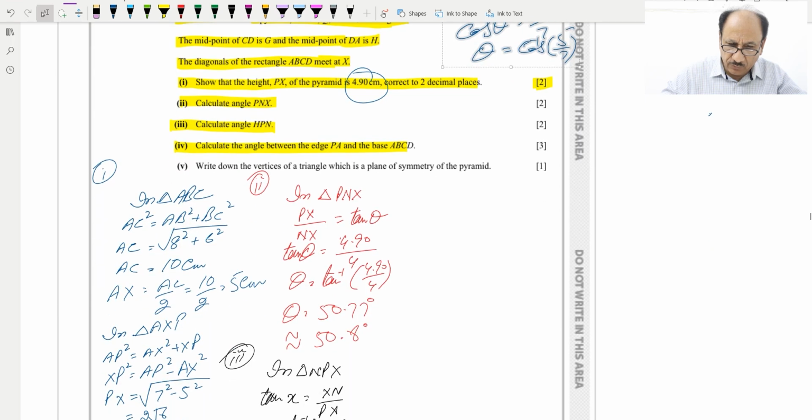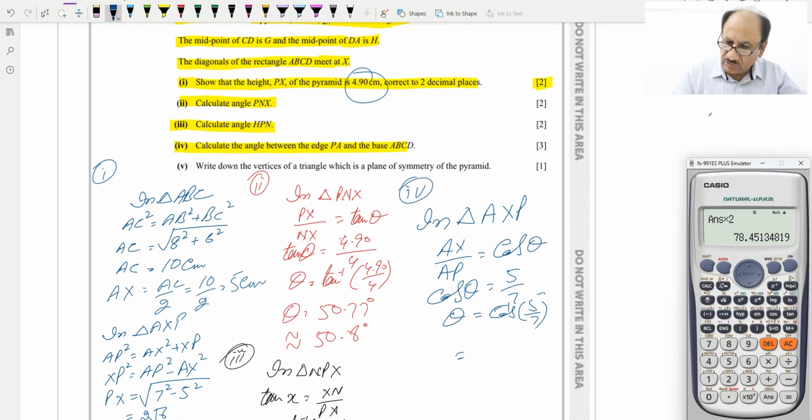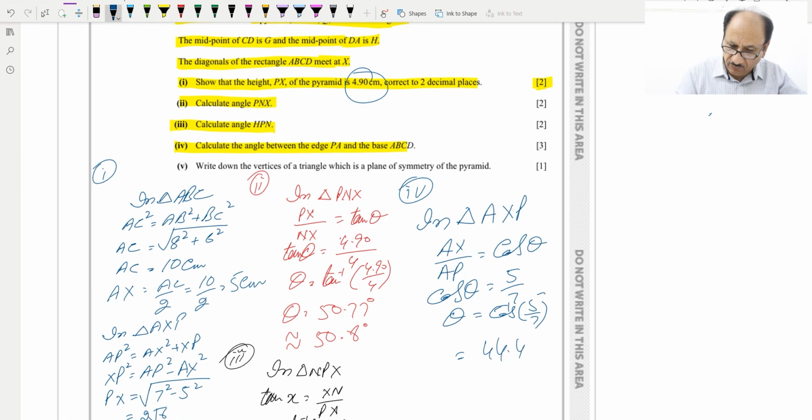We can shift this to the proper location over here, and this is our fourth part answer, cos inverse 5 by 7. So shift cos inverse of 5 over 7 will be equal to 44.41.